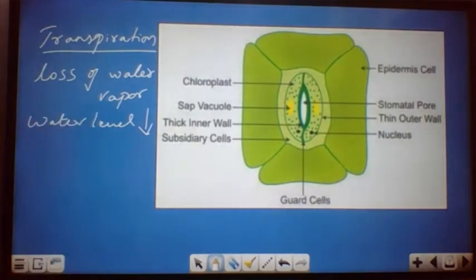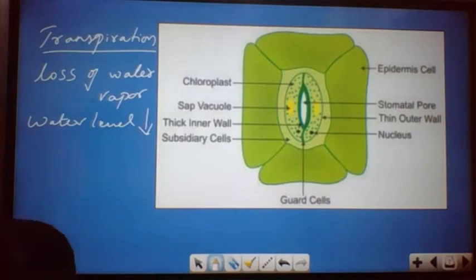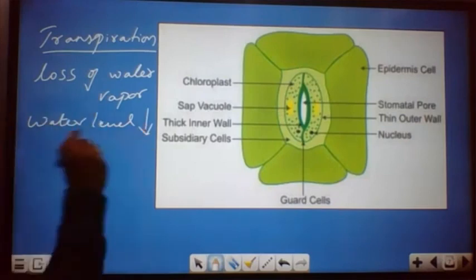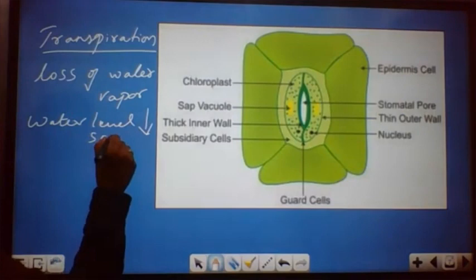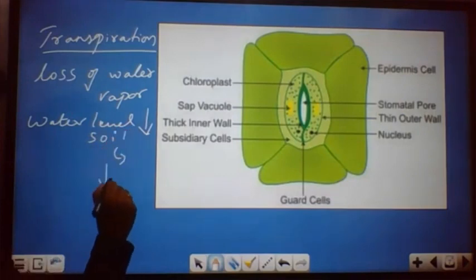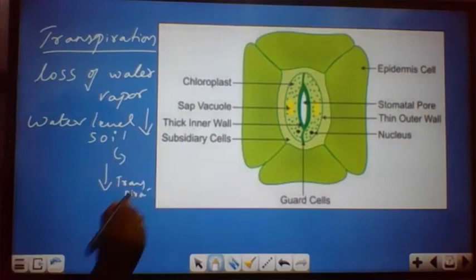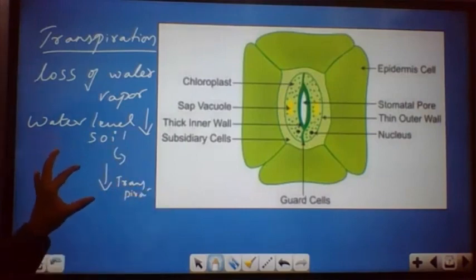There are very few molecules which can cross the tonoplast. So if the water level in the soil is reduced, then it leads to a reduction in transpiration also. So it depends upon the water level in the soil.